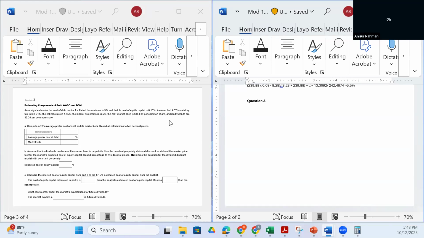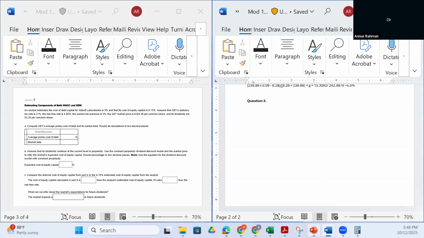Assume that ABT's statutory tax rate is 21%, and the risk-free rate, market risk premium, market price, and dividends are given. We have to find the average pre-tax cost of debt and market beta.